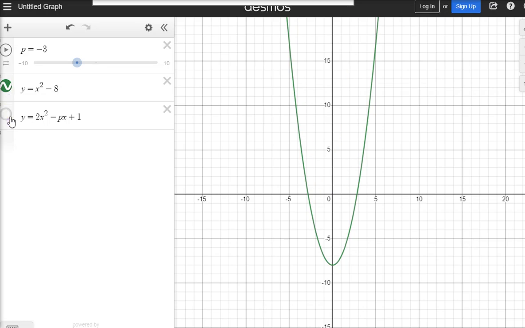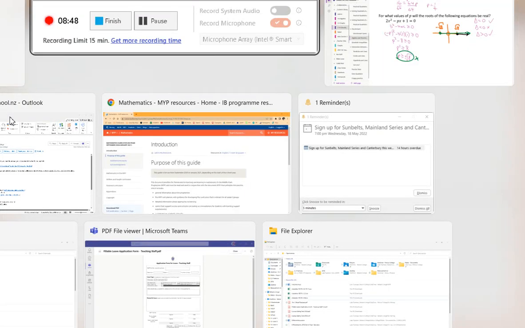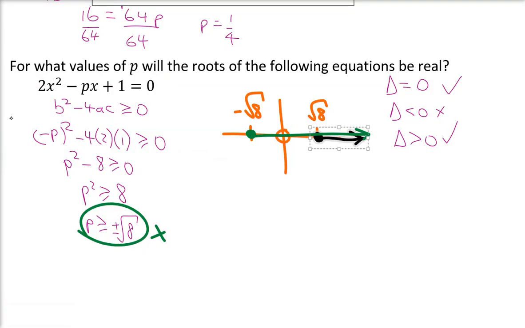What is that graph just there? x squared minus 8. That is the graph of this one here, eh? If you think that x squared minus 8 is the same graph as p squared minus 8. Yeah? So where is this graph here, which remember is the same as x squared minus 8 graph, where is that graph greater than 0?